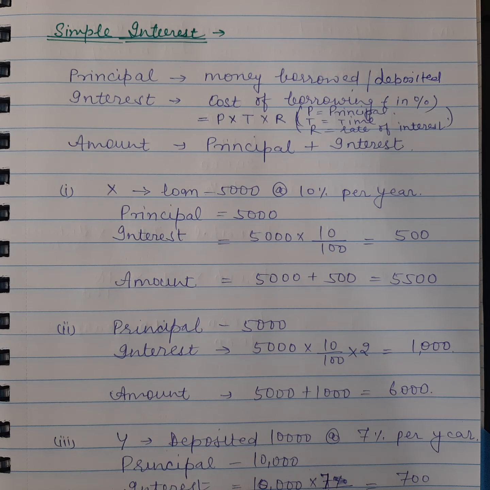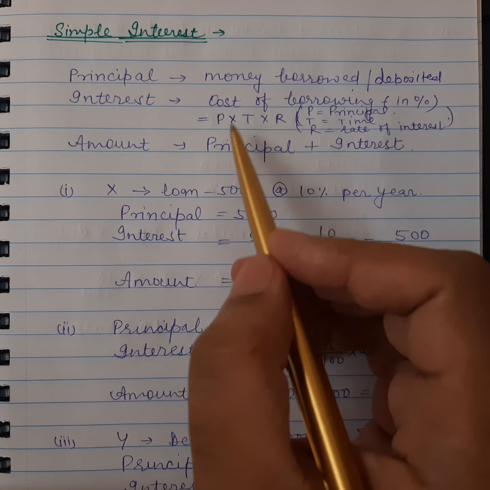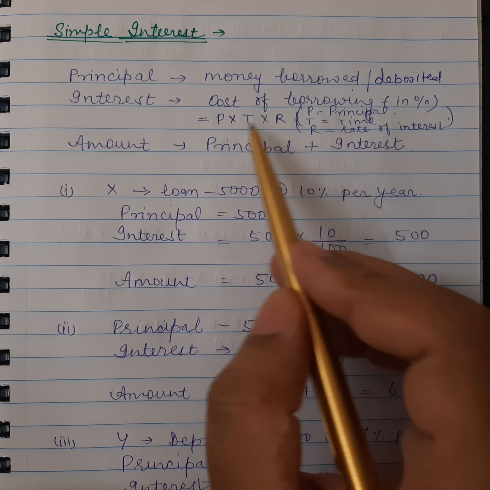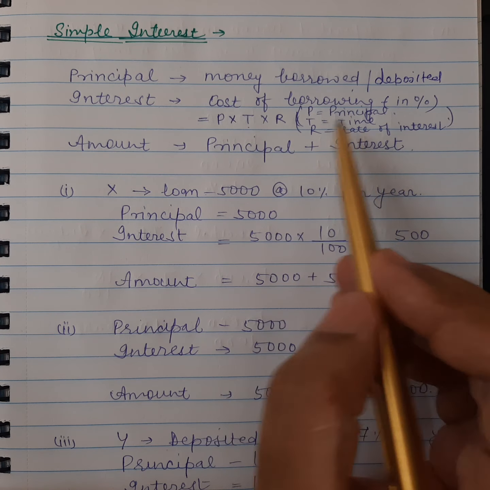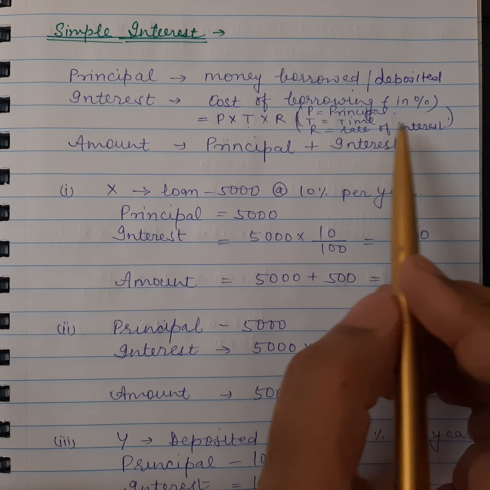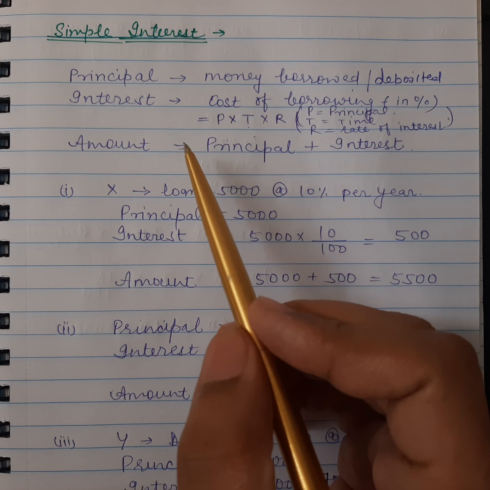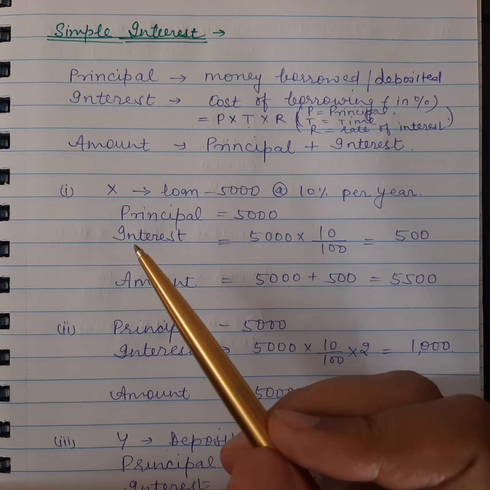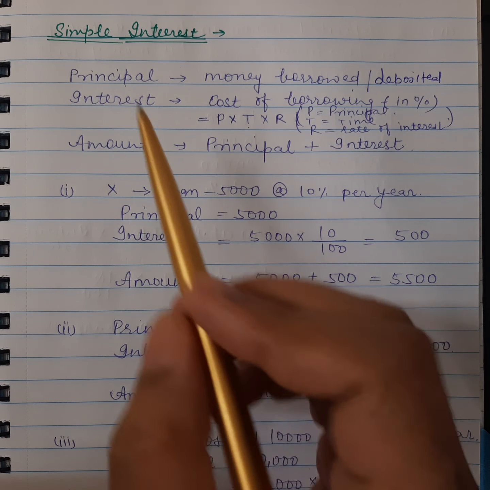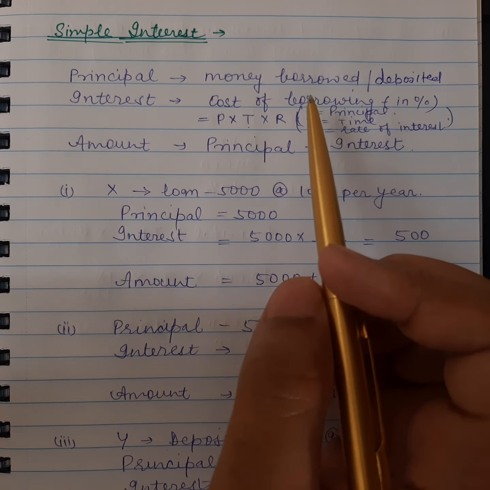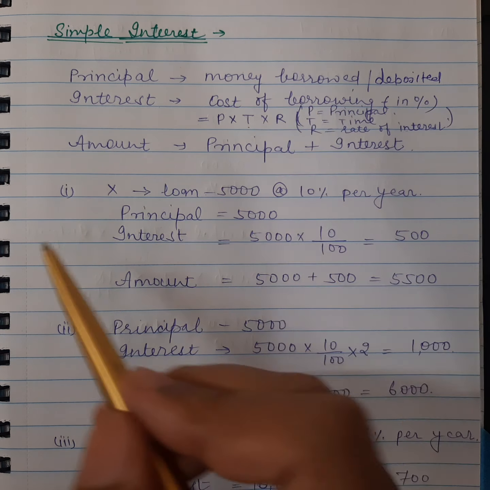So interest is the cost of borrowing. We calculate interest, and simple interest is principal multiplied by time, then multiplied by the rate of interest. Interest is the cost of borrowing which we'll have to pay, and when we deposit some amount in the bank, the bank pays us interest, so we get interest income.